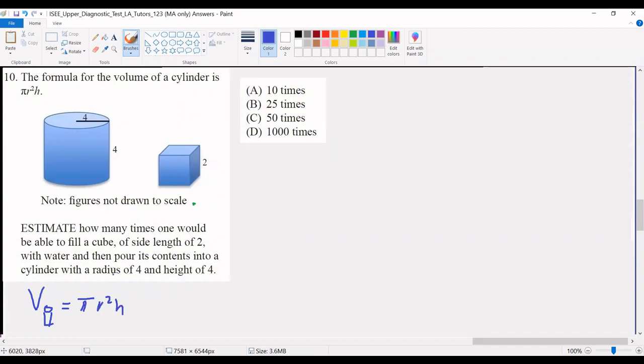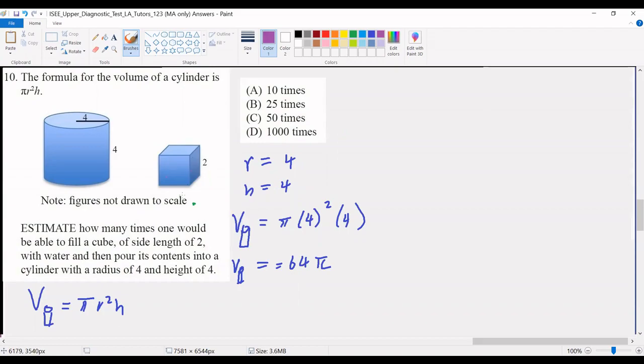So we want to label out all the information they gave us. Well, r is equal to 4, and the height is equal to 4. So this tells us our volume now is equal to pi times 4 squared times 4. So this gives us the volume of our cylinder is equal to 64 pi.